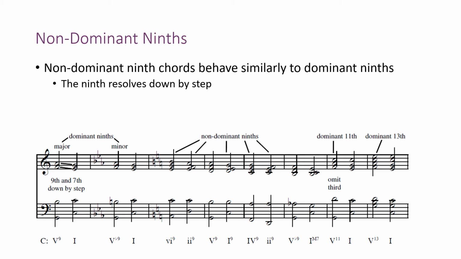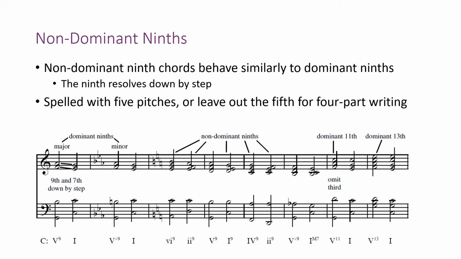So here again. All the ninths and sevenths resolve down. Okay, so you can spell these ninth chords with 5 pitches, or it's possible also to leave the fifth out if you want to do 4-part writing.